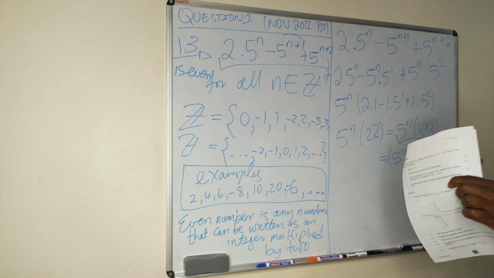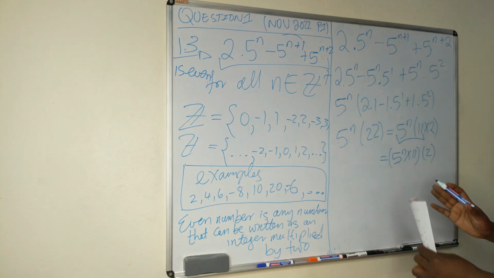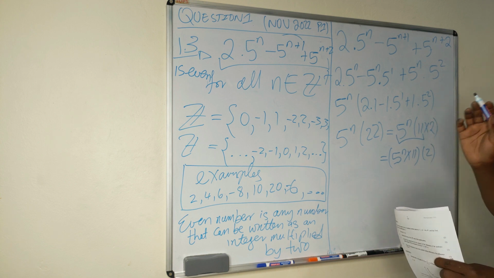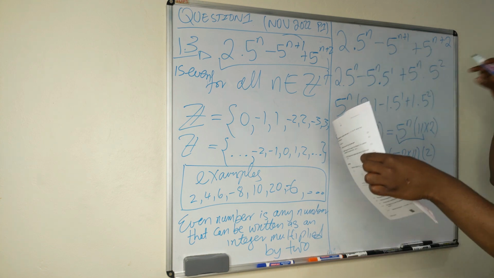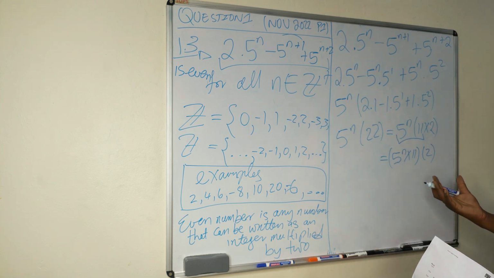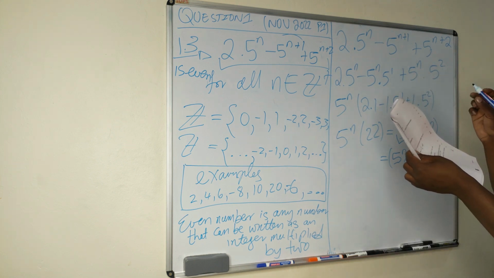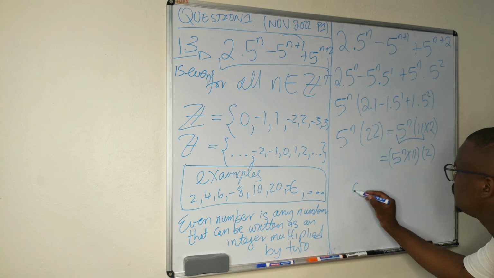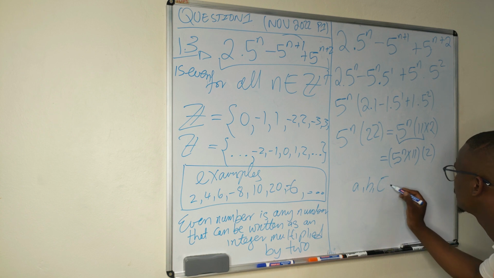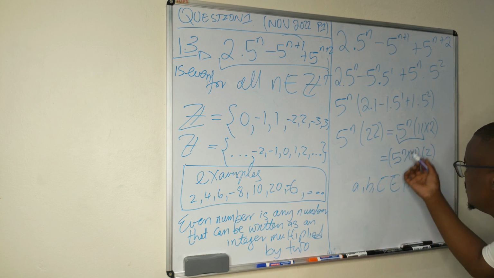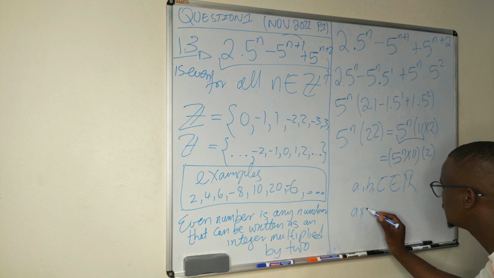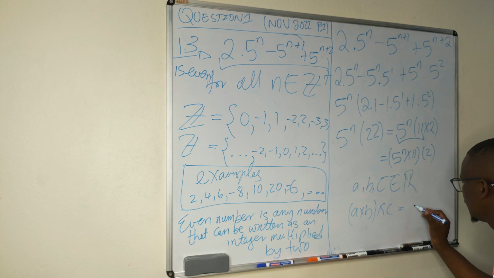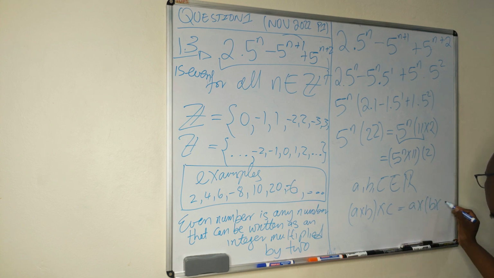If a, b, and c are real numbers, then a times b, times c, is equal to a times b times c.